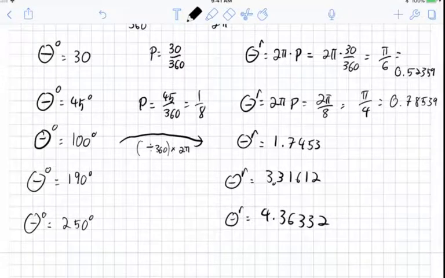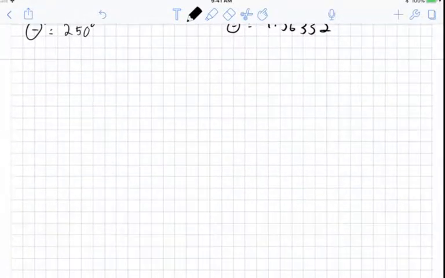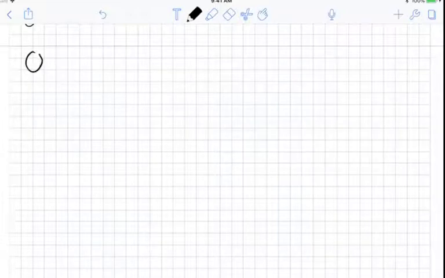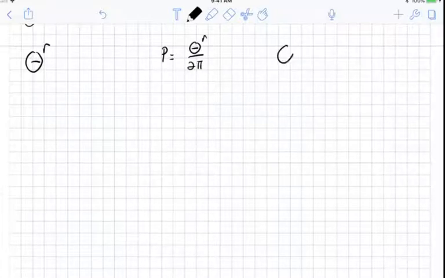Okay, let's practice going the other way. If somebody gives me the angle in radians, I can calculate the percentage by dividing the number of radians by 2 pi, and then calculating the number of degrees by multiplying 360 by that percentage.